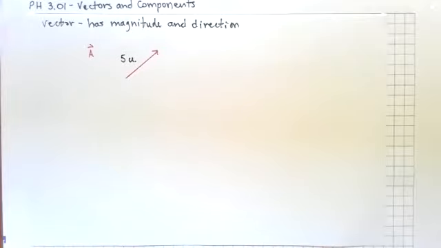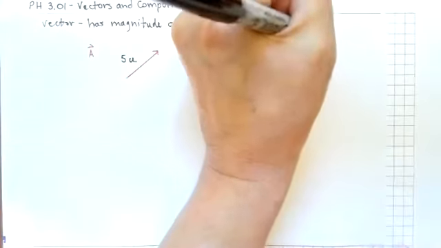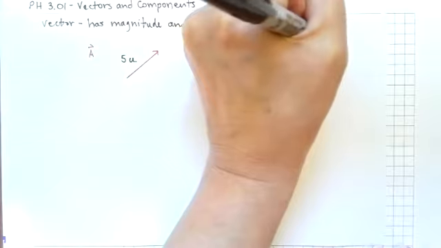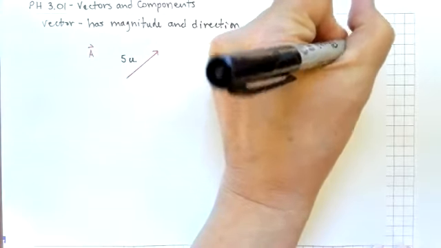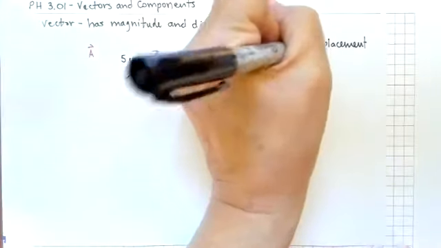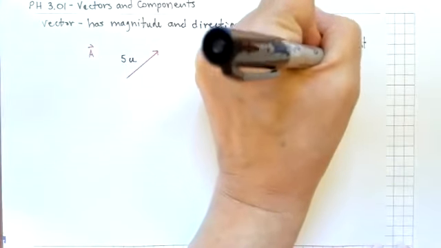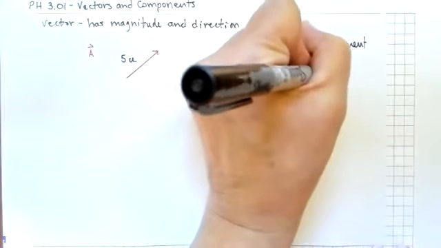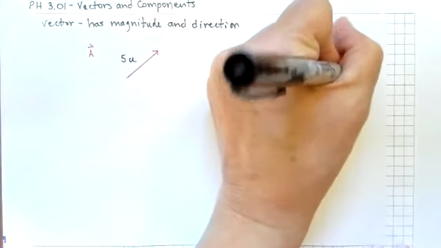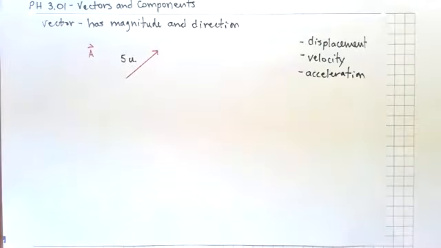Remember, the vector values that we've talked about so far are displacement, velocity, and acceleration. Speed, time, distance, those are all scalar values.